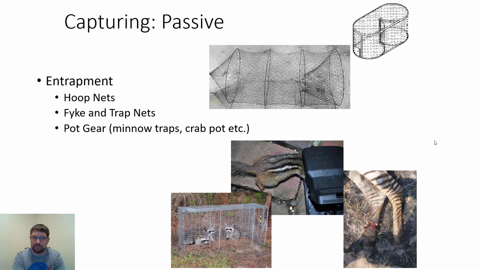Okay, so entrapment, there's quite a few aquatic ones, like we kind of talked about on the previous slides. Hoop nets, it's a funnel system, so they'll go through the initial funnel and they get into the trap and then they can't really find their way out, or they can't fit back through the funnel.